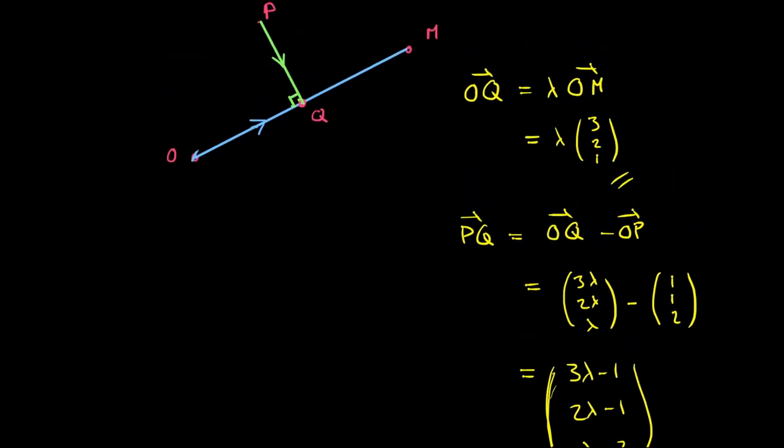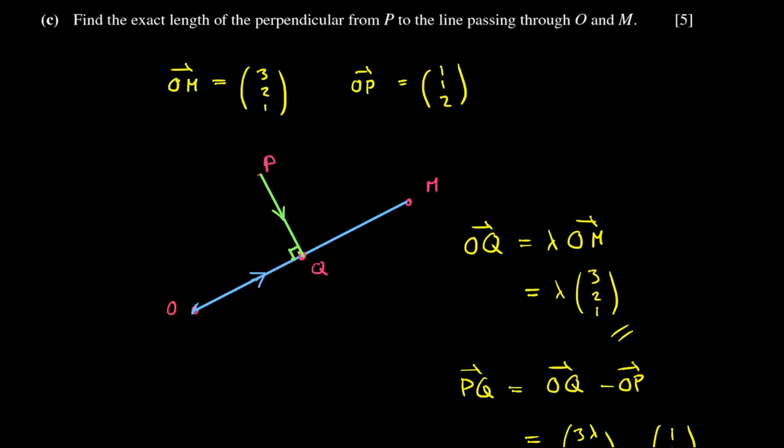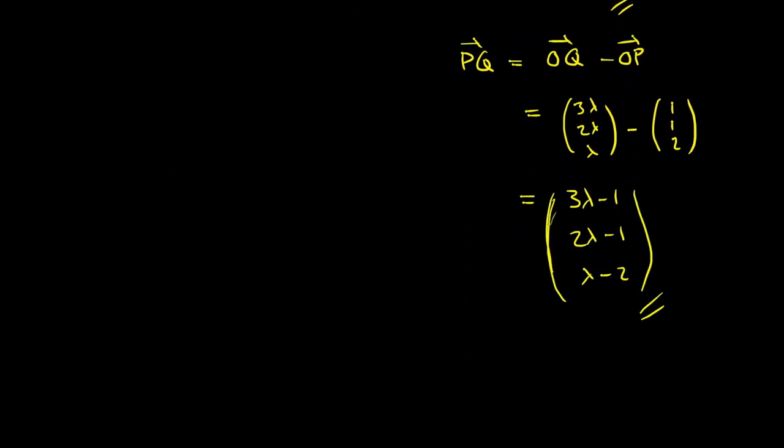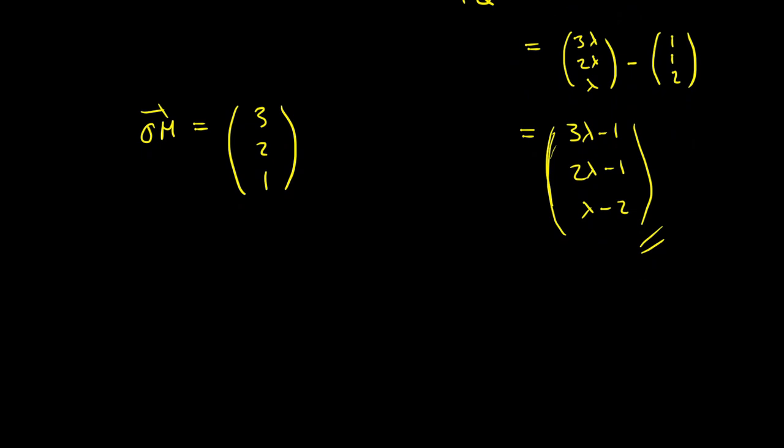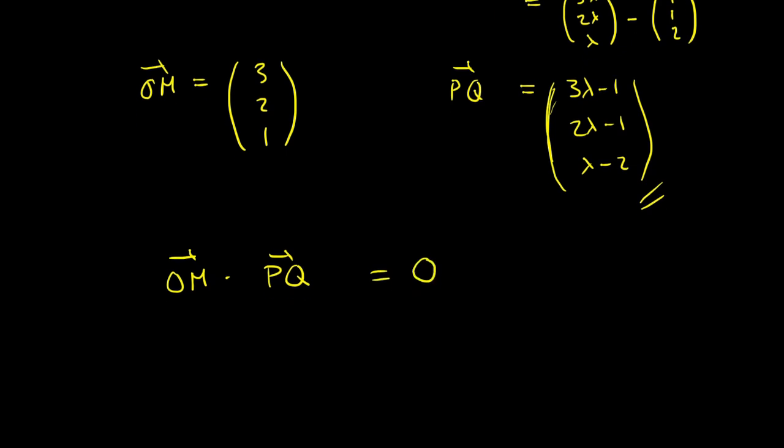And we know that if we take the scalar product of that with the vector OM, which is (3, 2, 1), I'll just write it over here again, then the scalar product of OM with PQ must be equal to 0. So how are we going to find the scalar product of these two? Well, we're going to do 3 times that.